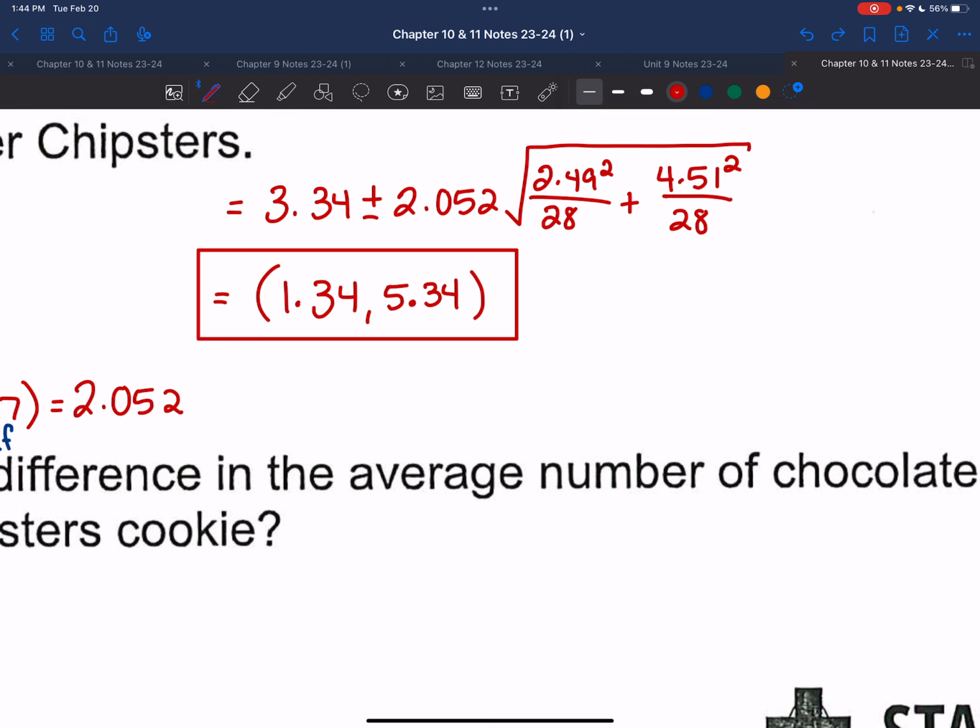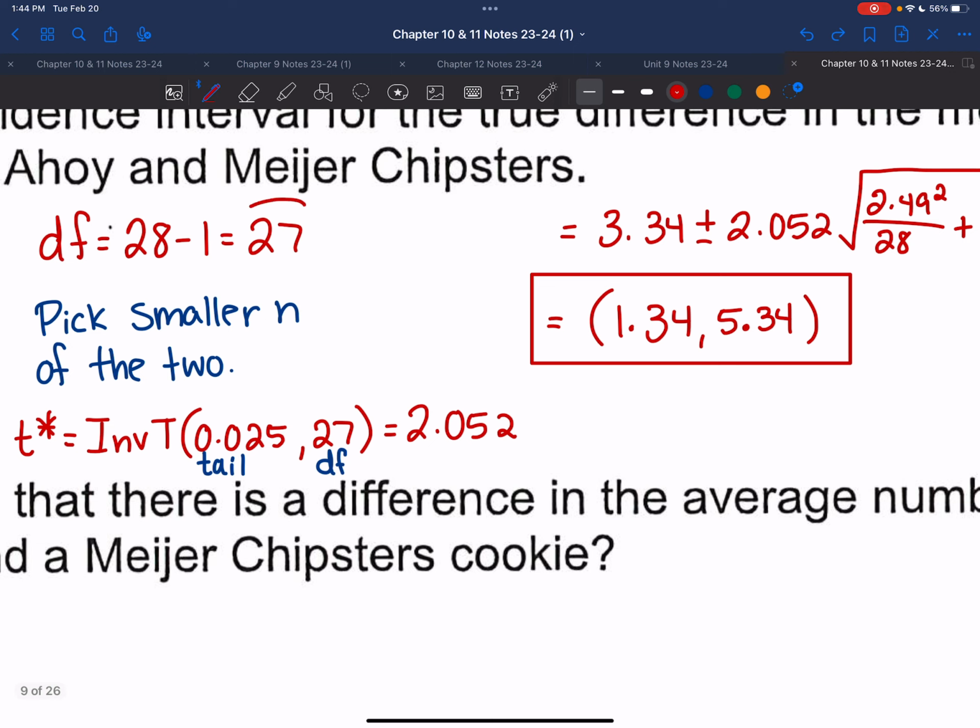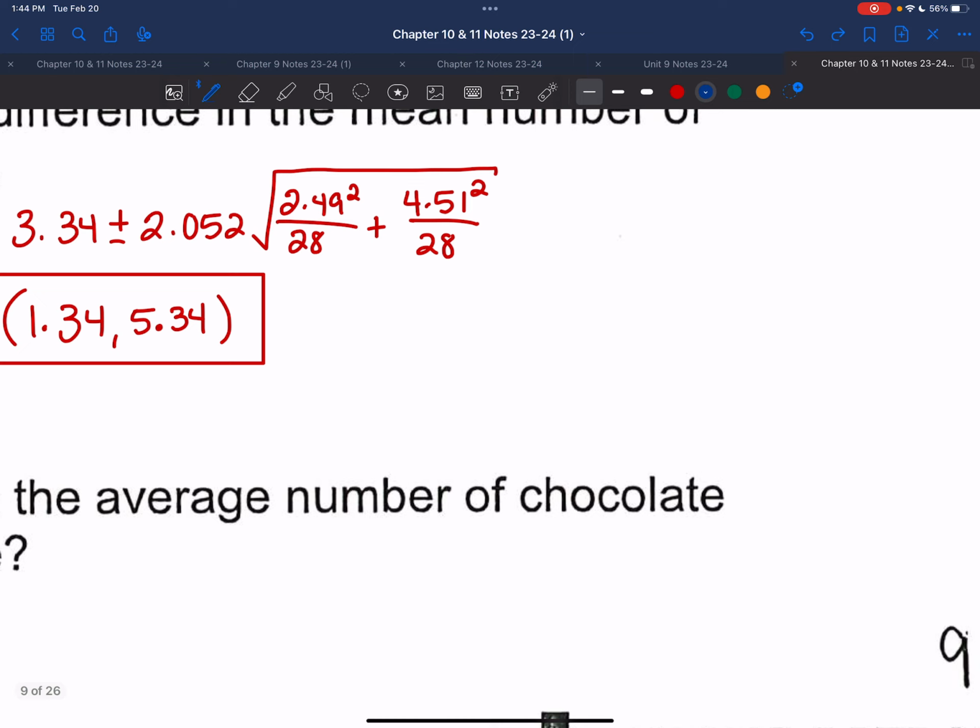So this 27 right here for your degrees of freedom, that is what's considered a conservative degrees of freedom, okay? So I'm just going to write a little note right here. This is a conservative DF.